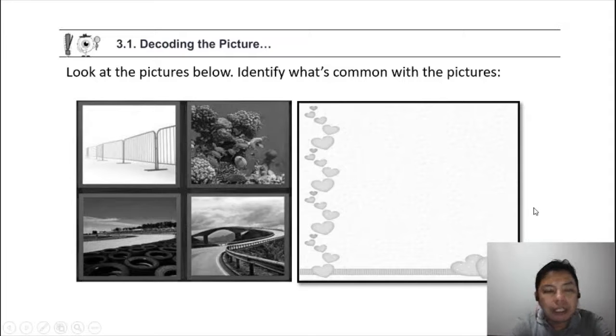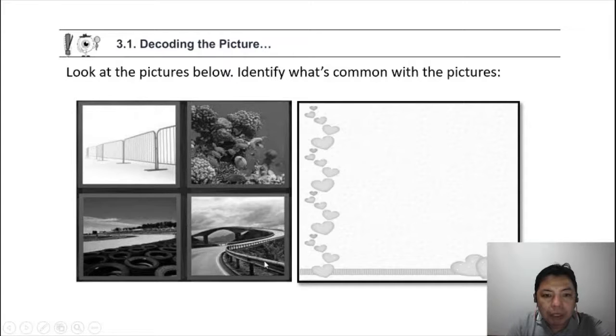Okay, for our next activity, this will be decoding the picture. So I want you to look at the pictures below and try to identify what's common with the pictures. So we have 5 pictures that you can actually see. So the first picture are fences. The second picture are, I think these are coral reefs. The third picture are tires.